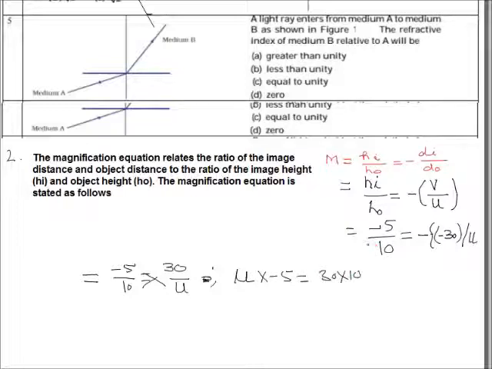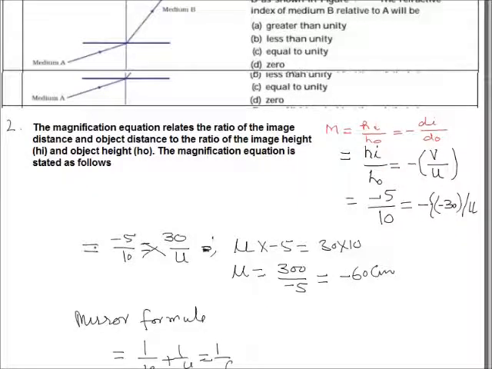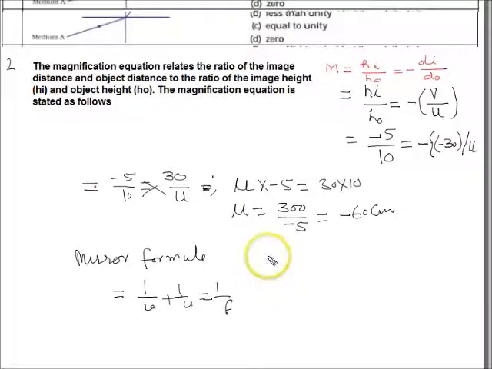Of course all these are in centimeters, remember this, units are equally important. So u is equal to 300 divided by minus 5. So it comes out to be minus 60 centimeter.